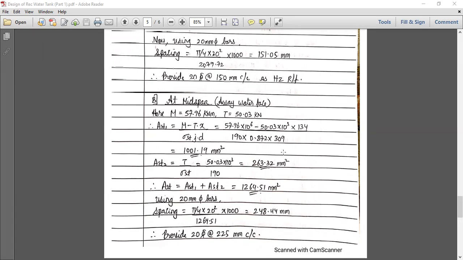Once we finish this, after that we will start with the IS code method. Yes, give me the values quickly. AST1, AST2.